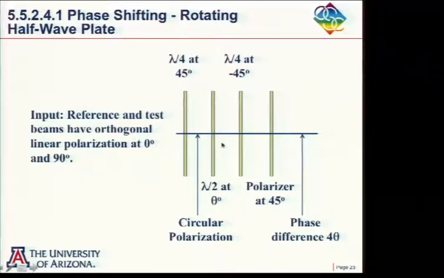So there are at least a couple ways you could do this. I could put this in the output of the interferometer where the test and reference have orthogonal polarizations. Or I really could have put this in the input source.